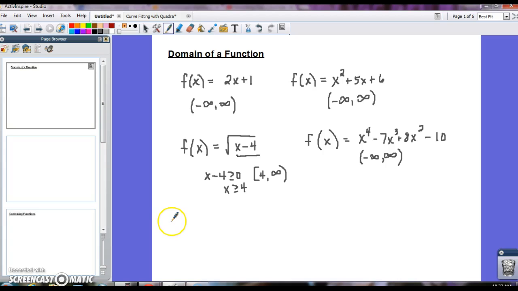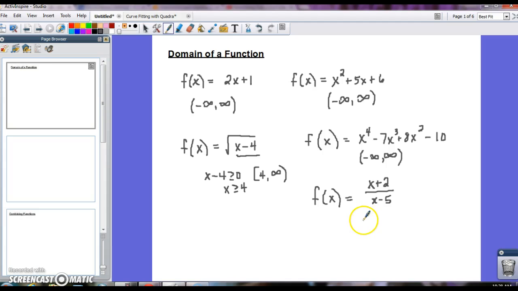When we start talking about other things that we can do with those, when we start talking about rational functions, that is when you have a function where you have variables in the numerator, denominator, or both. So for example, if I had x plus 2 over x minus 5, well, I know that this exists everywhere except at 5, and so I would have to exclude 5 from my domain.